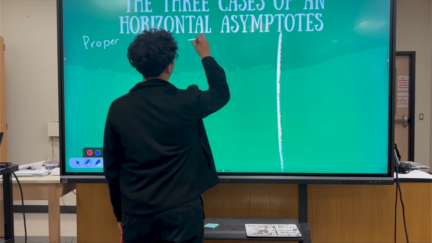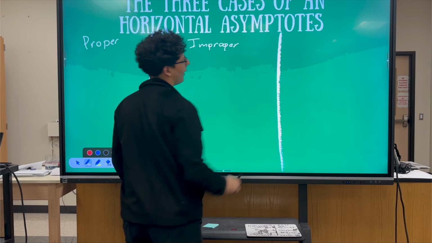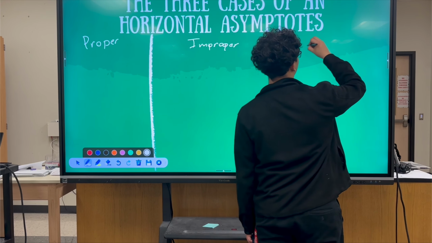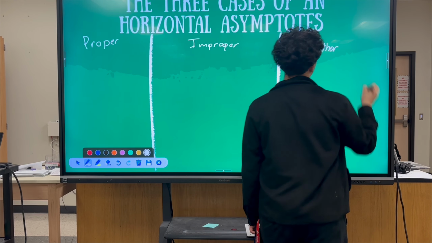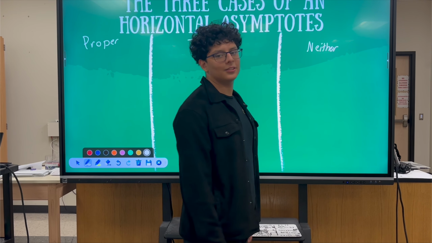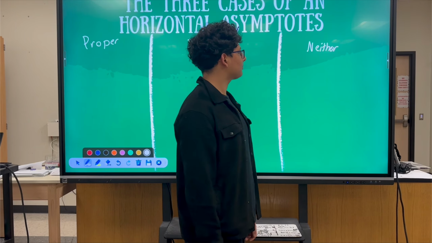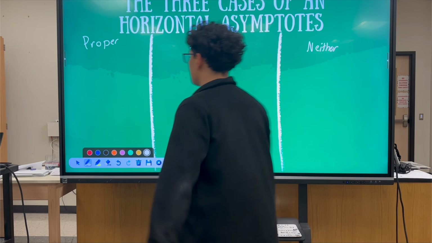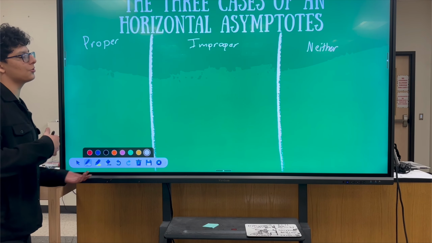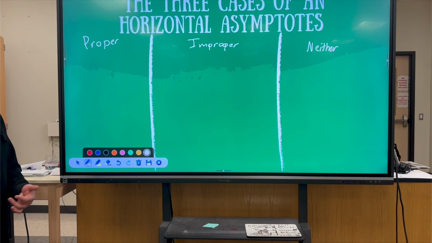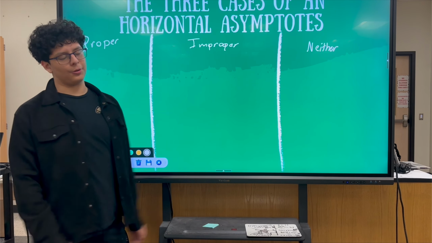Then we have improper. And lastly, we have neither. These cases will tell you whether it's y equals 0, y equals a ratio, or y equals a slant asymptote.